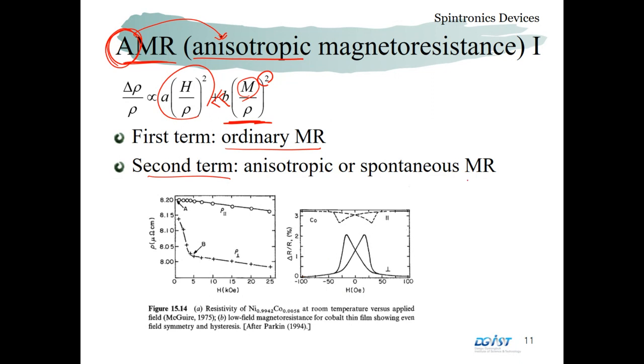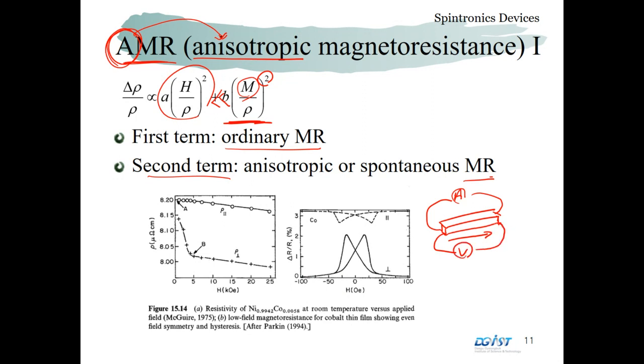When we measure the MR, there are two geometries. One is if we have a sample here and the current is passing through this direction, and we measure the voltage here.